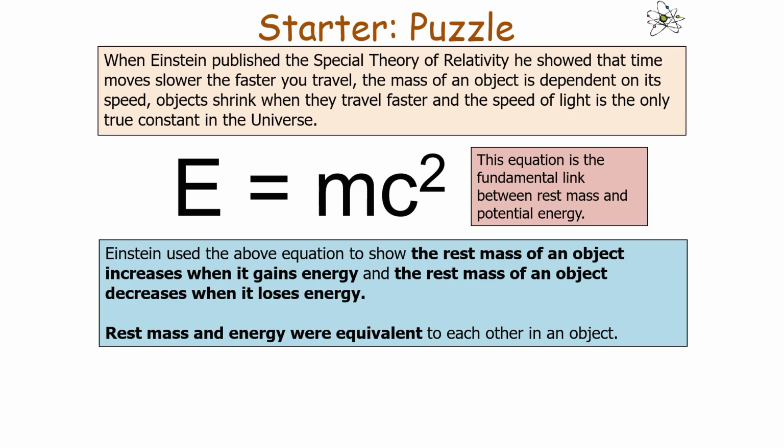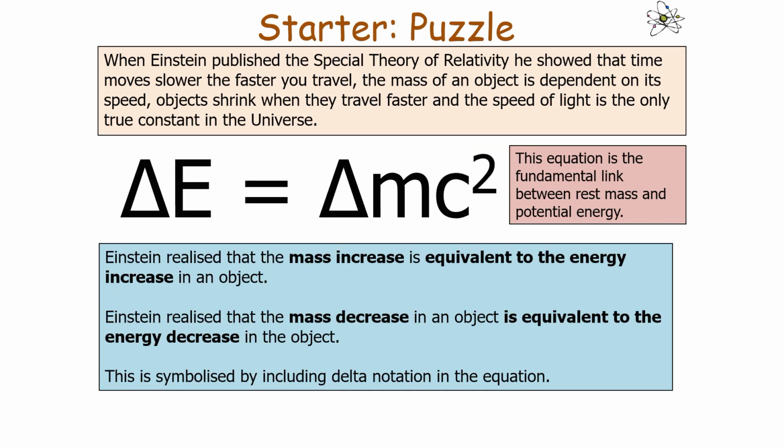There's a fundamental link between the rest mass of a substance and the energy it possesses. So we could say that the rest mass and the energy are equivalent to each other in an object. So Einstein realized that a mass increase is equivalent to an energy increase in an object, and he also realized that a mass decrease is equivalent to an energy decrease in the object, which we symbolize with the delta notation in this particular equation.